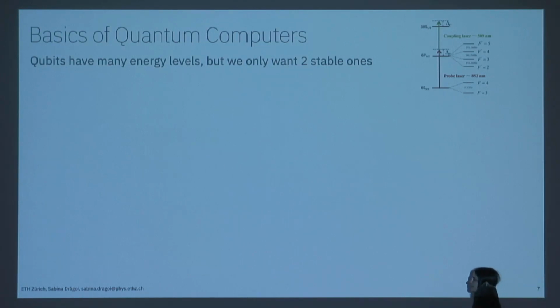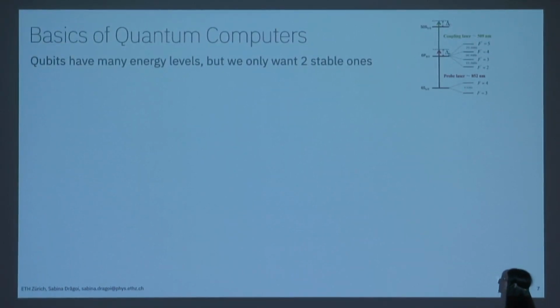All of these qubits have many energy levels. A qubit is an abstract concept that we defined as the quantum analogue of a classical bit. But physically, it's a physical object, like an atom or a circuit. What these atoms or circuits have in common is that they have many energy levels, but we only care about 2, the 0 and the 1.